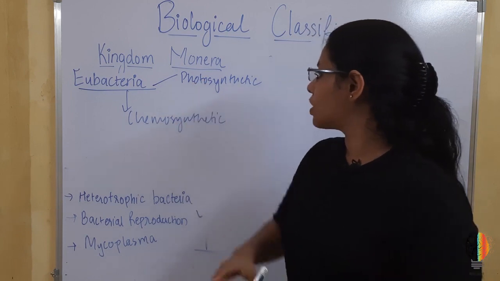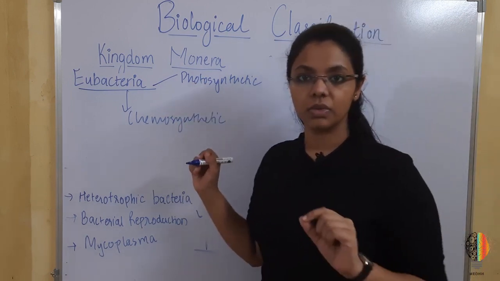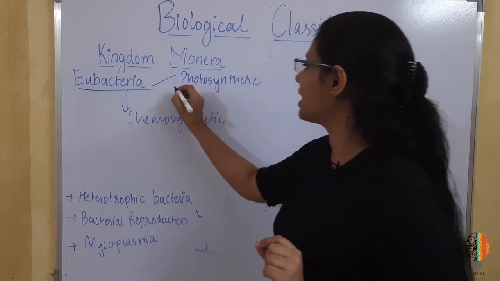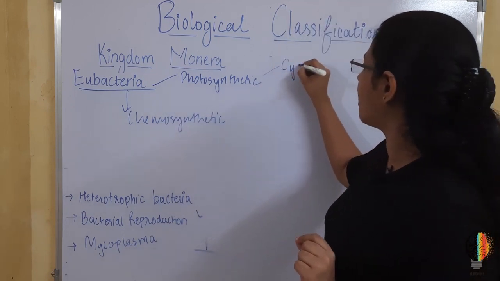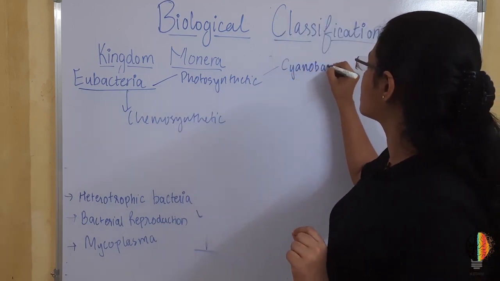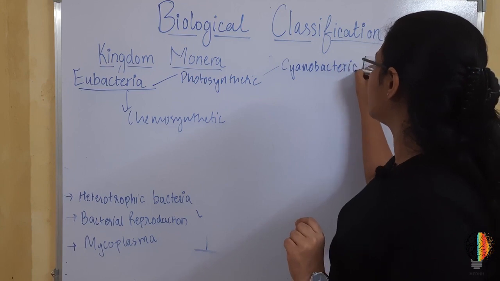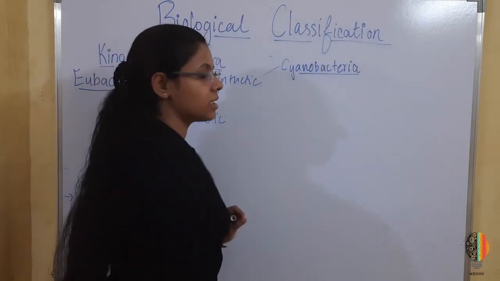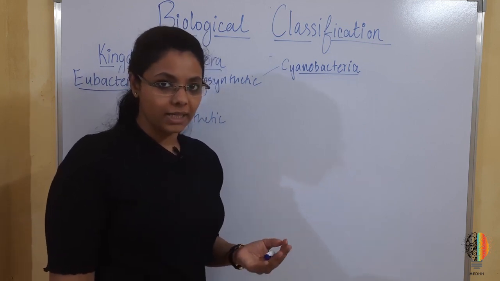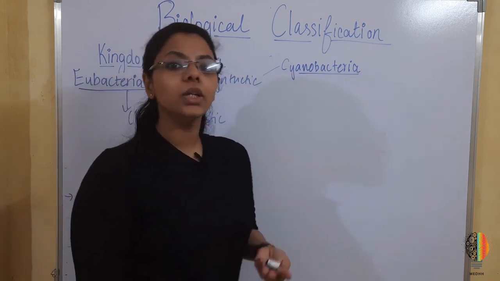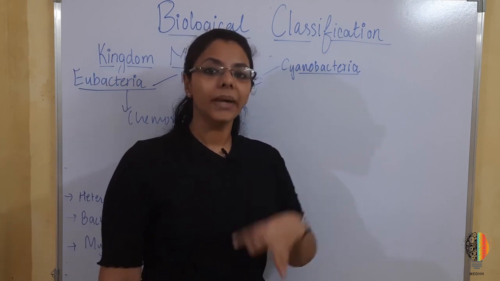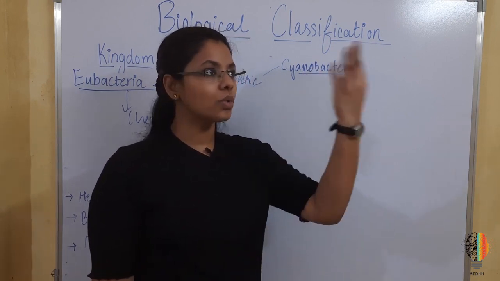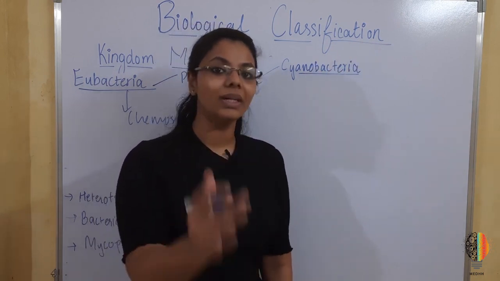Okay. So in photosynthetic bacteria or autotrophs, the example they have taken is cyanobacteria, which is also called blue-green algae. Okay. So the cyanobacteria are photosynthetic bacteria. If they are photosynthetic, they need to have a particular pigment inside them so that the process of photosynthesis would take place.